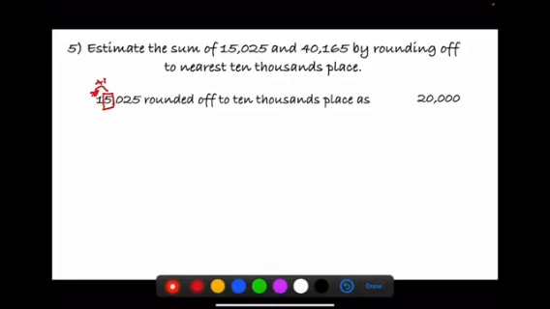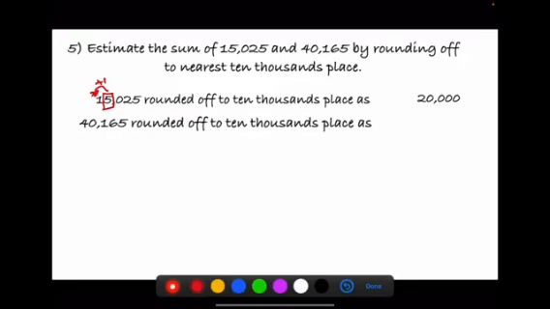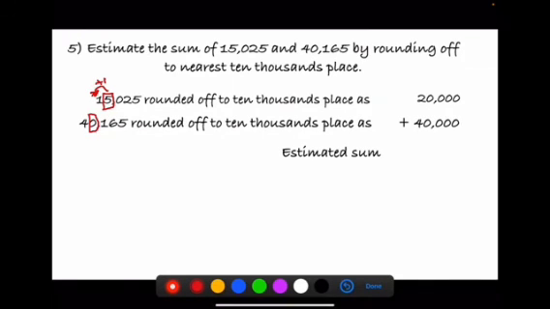So in that case we get 20,000. Then the next number 40,165 can be rounded off to the 10,000s place as, see here, the thousands place has 0. So we will have zeros in all the digits and let the 10,000s place value remain unchanged.